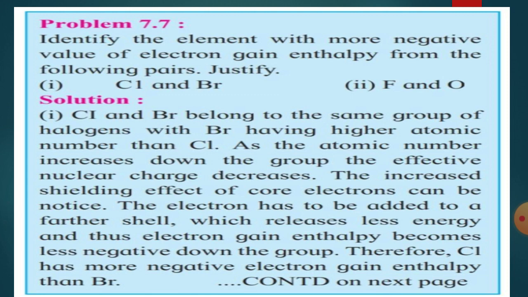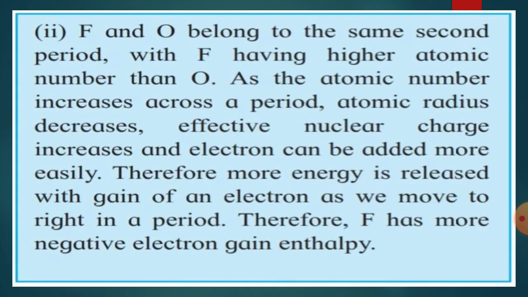This is the first. The second one is to identify the element with the more negative value of electron gain enthalpy from fluorine and oxygen. Fluorine and oxygen belong to the same period, the second period, with fluorine having a higher atomic number than oxygen.